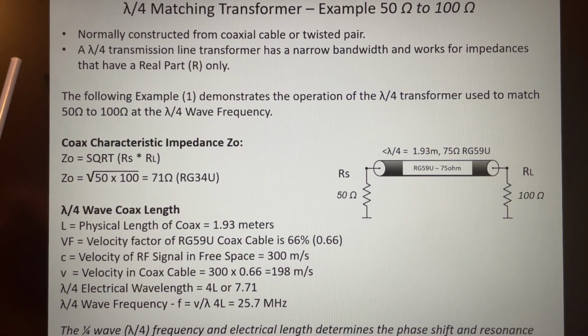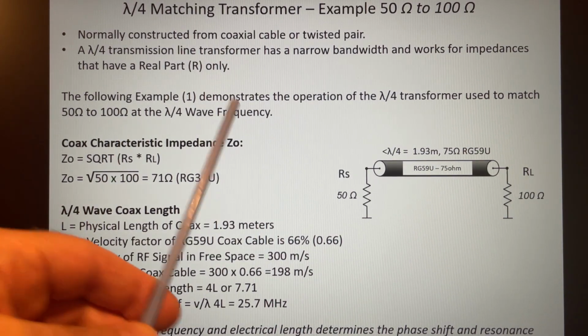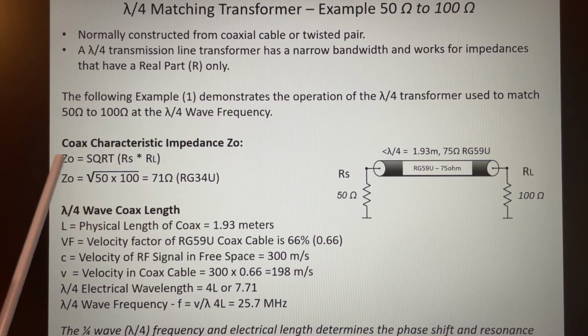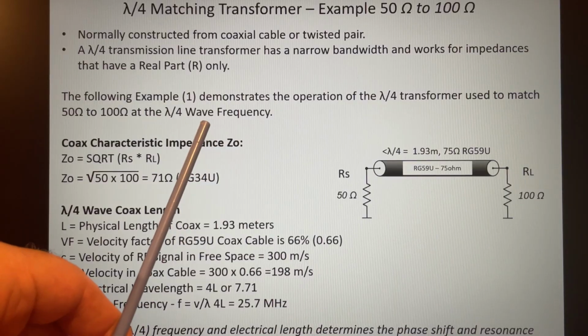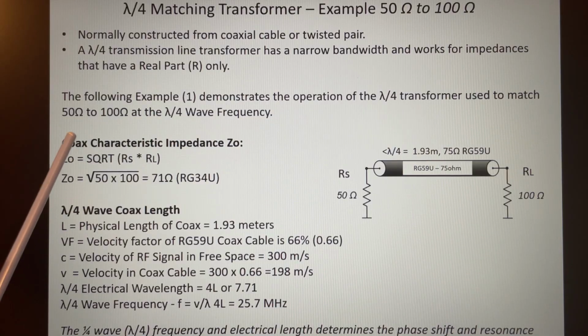So here's an example if we want to transform 50 ohms to 100 ohms using a quarter wave. First thing we have to do, and we reviewed this formula on the previous slide, is determine what the characteristic impedance of the coax cable should be.